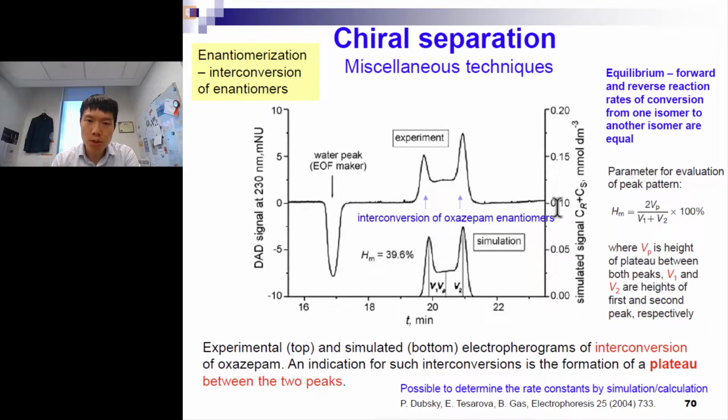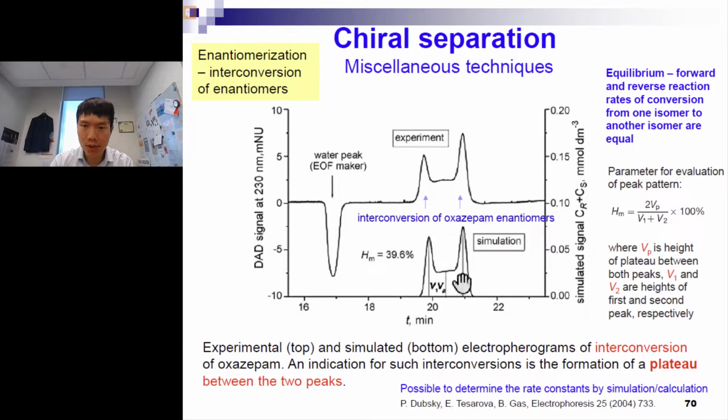So it is really the equilibrium between the forward and the reverse reactions where you are trying to enantiomerize. And there's an interconversion. So we can have a parameter to use to characterize the peak pattern, right? HM by this formula is based on the height of the plateau here, and also the peak heights of the two enantiomer peaks here, okay?